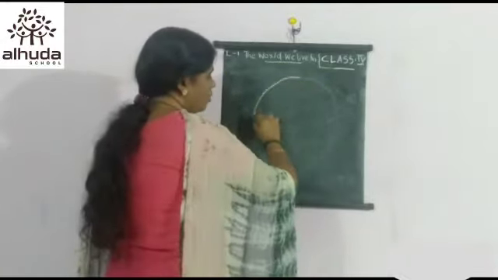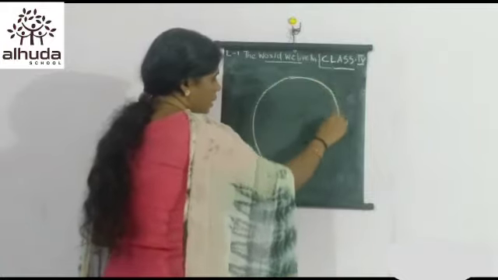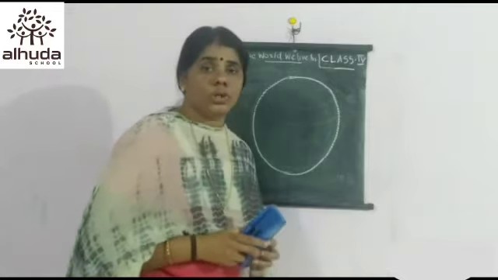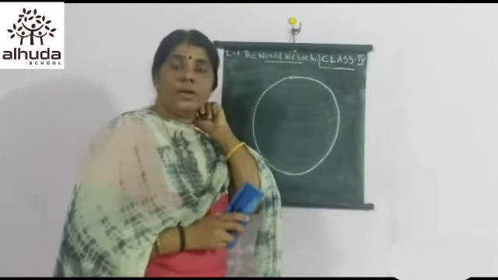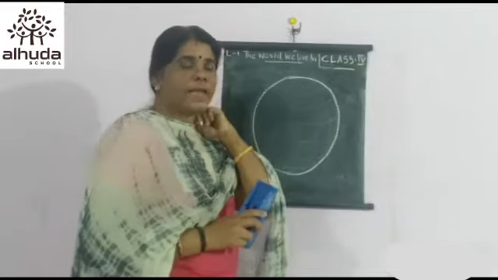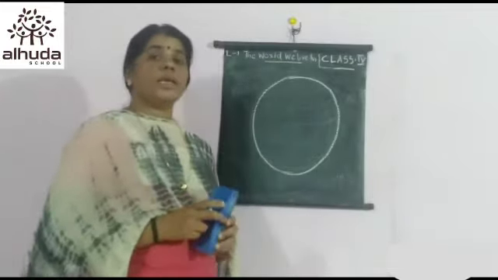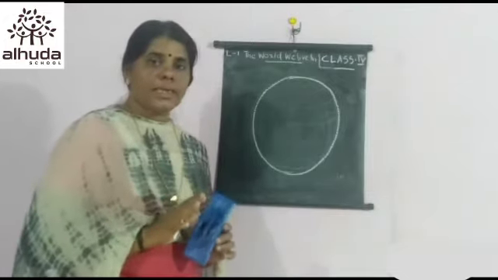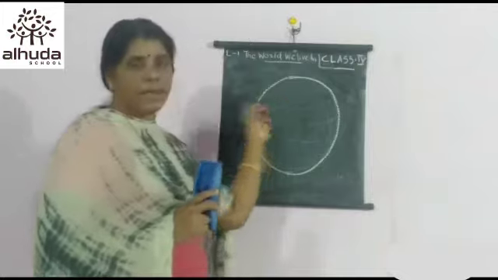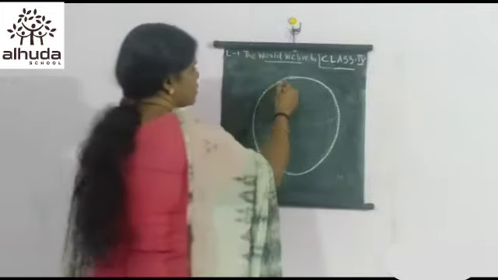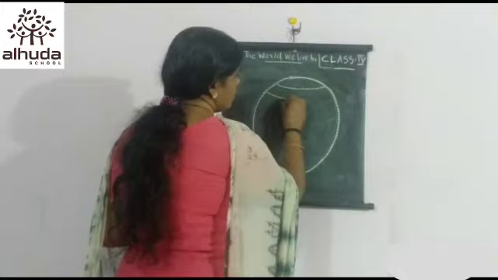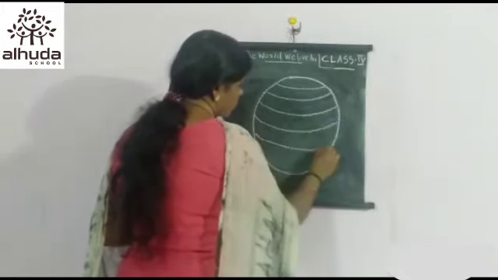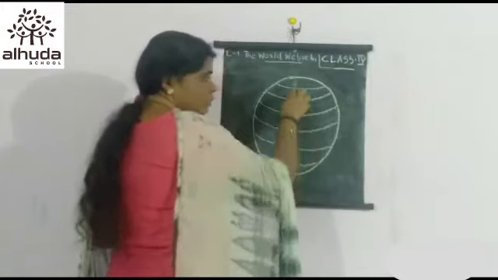If you want to locate a place on earth, we need to know about latitudes and longitudes. What are they? Latitudes and longitudes are imaginary lines drawn on the earth. Actually they are not there.